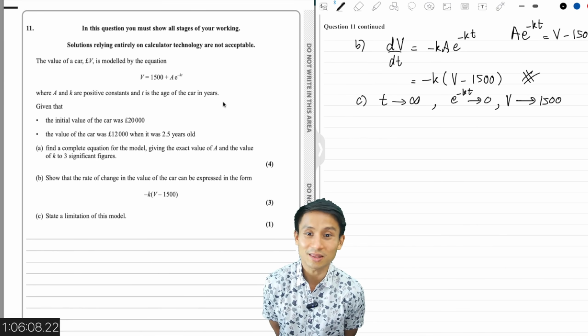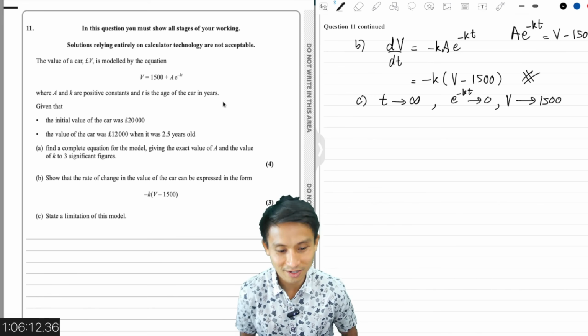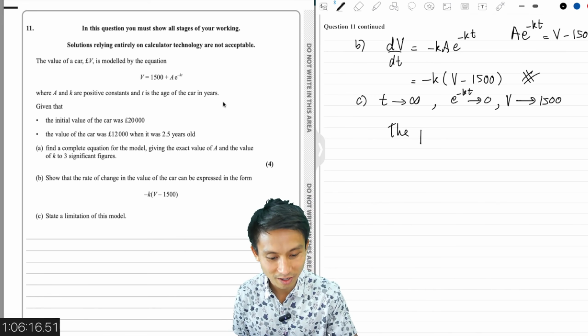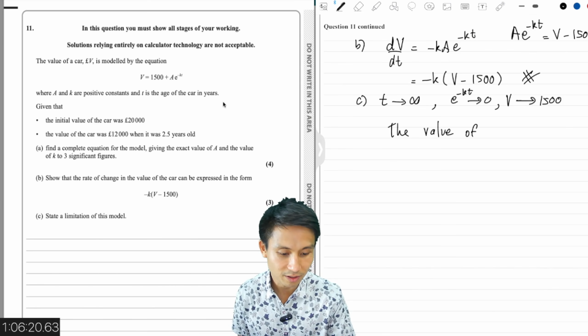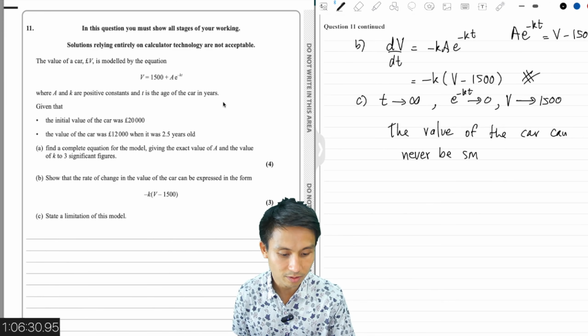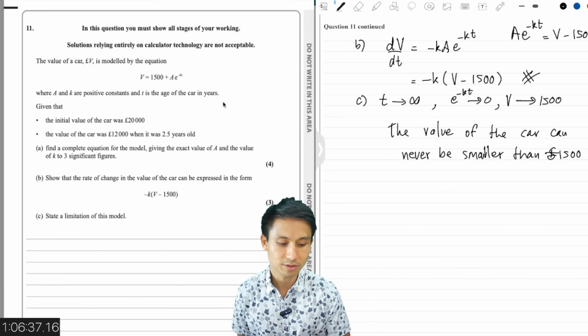If you don't change anything on the car, everything will be broken, right? So I'm just going to say the value of the car can never be smaller than 1500 pounds.